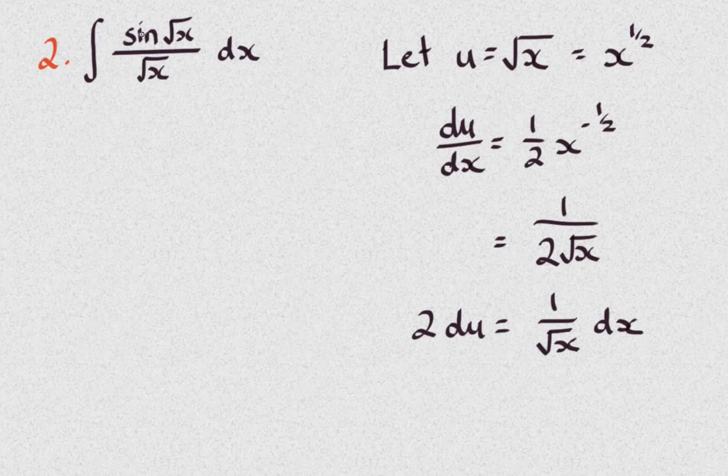So we've still got this sine, and now we'll say sine of u. But then the dx and the 1 on root x, that can be completely replaced by 2 du. And since 2 is just a constant, let's put it out the front.